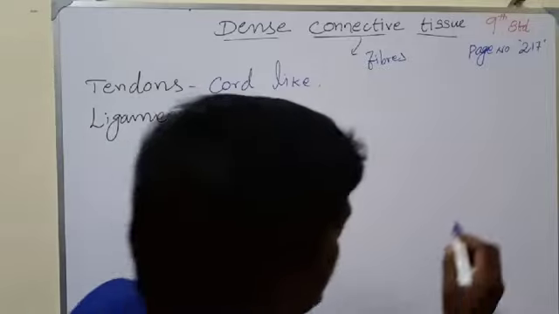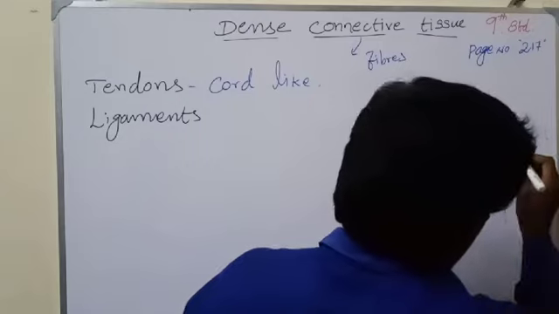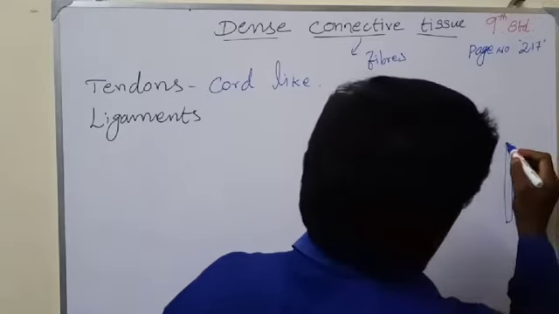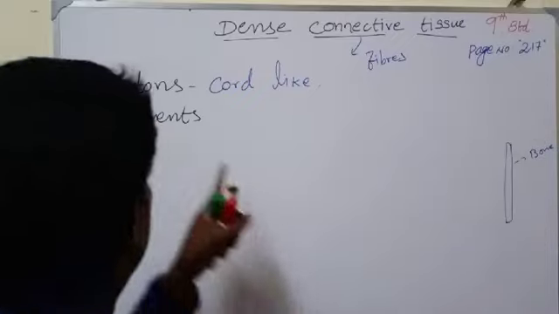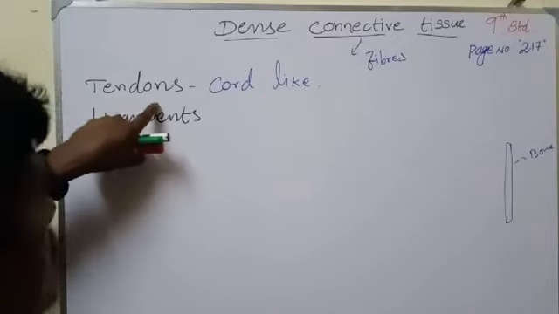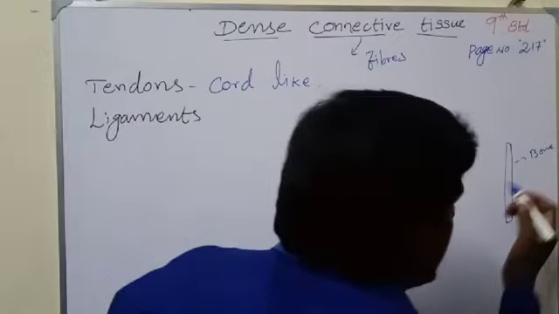Just imagine, here is the bone, and here is the bone. Where are the tendons present? They are present in the skeletal muscles.